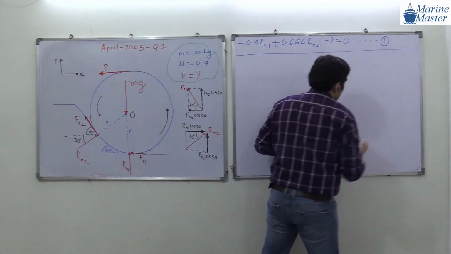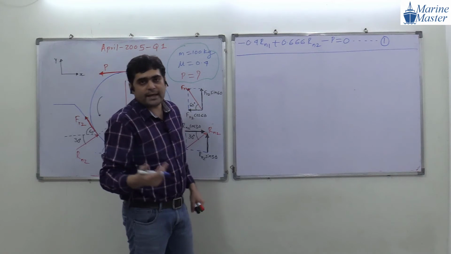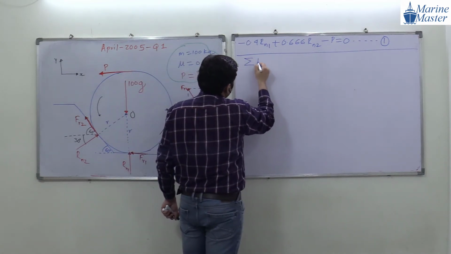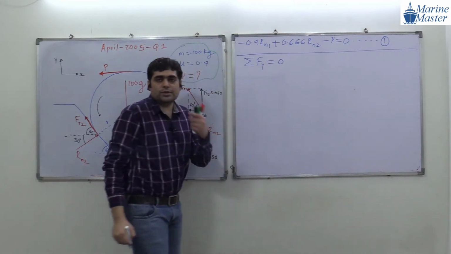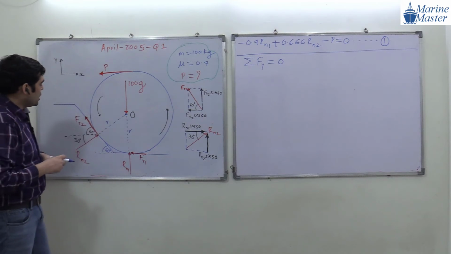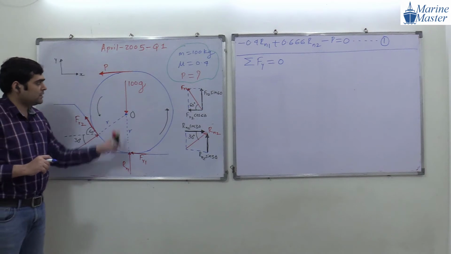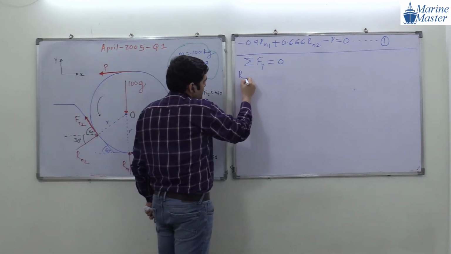Now we will start with summation of forces in Y direction equal to 0. What are the forces in Y direction? First of all, Rn1 is directly upward, so positive.